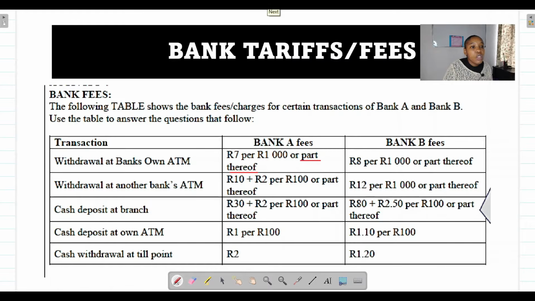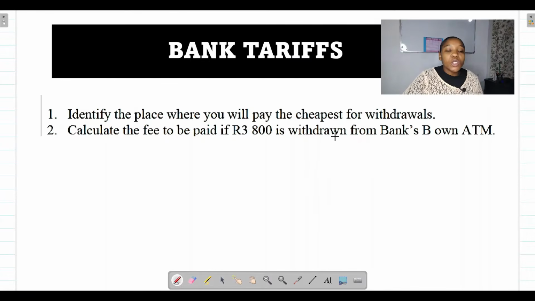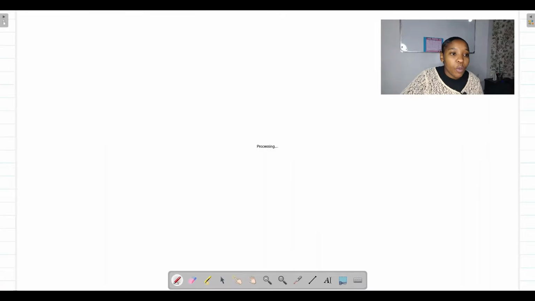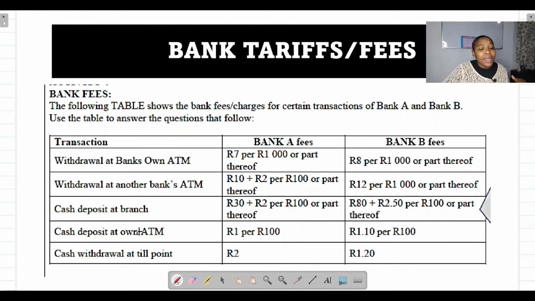Okay, so let's just continue. Let's look at the questions. Identify the place where you will pay the cheapest for withdrawals. So this question doesn't say identify the bank where you will pay the cheapest for withdrawals, but it says the place, meaning, do you pay the cheapest for withdrawals at an ATM or at a till point?